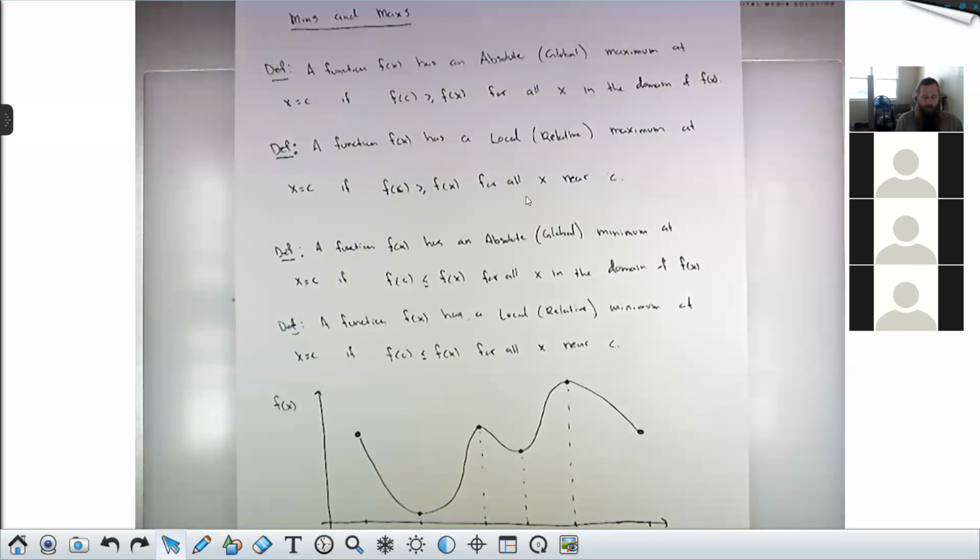The other thing we need to talk about is the sort of language that we use to describe where the min or max is compared to what the min or max is. So let me draw for you another example here.